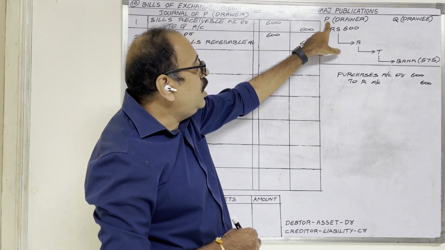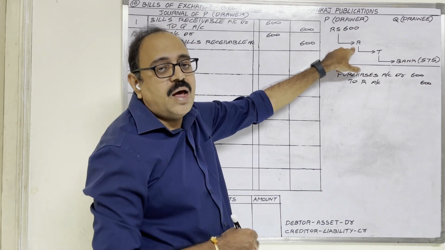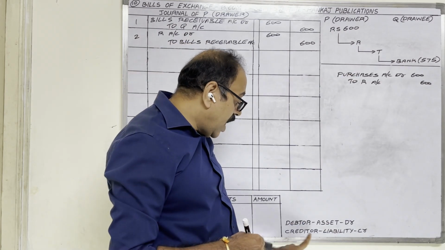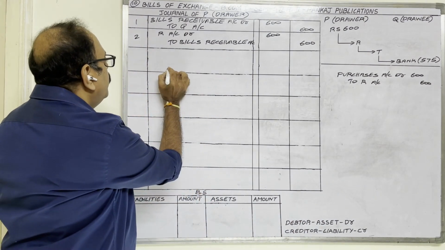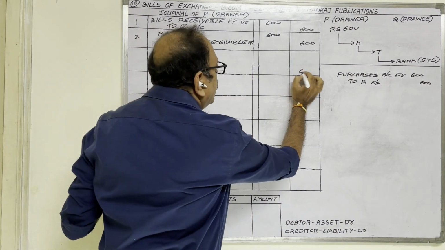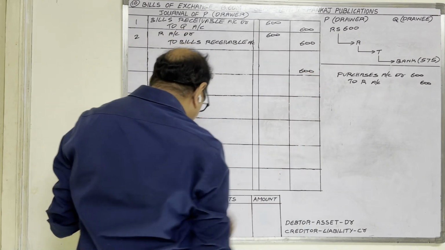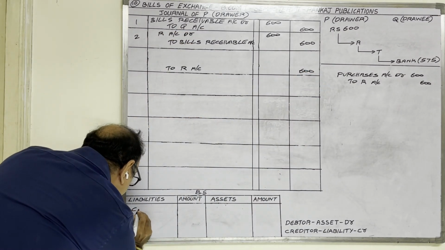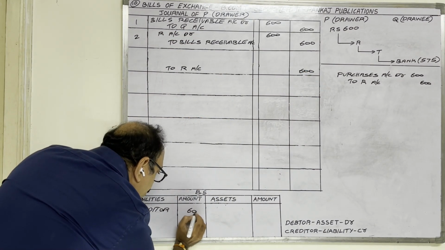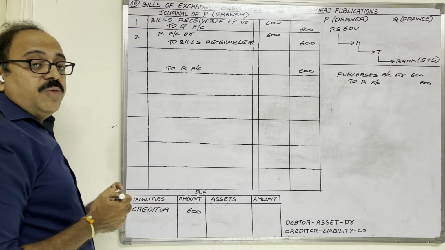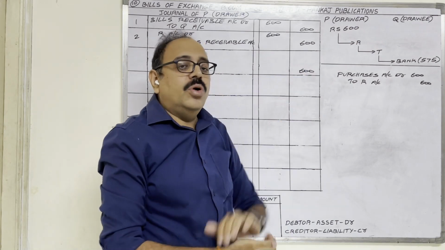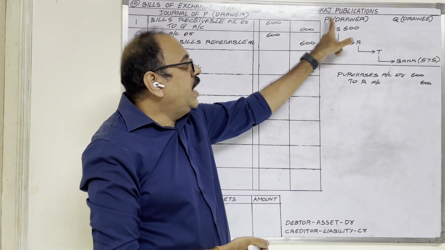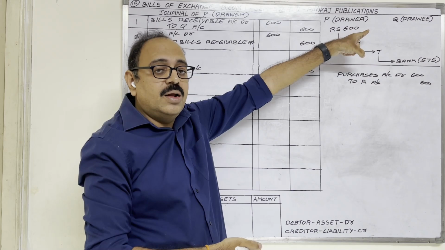So to P, R is becoming a creditor. Creditor is a liability, so we should credit that. Therefore, we should credit the R account with 600 rupees. A new liability, creditor, is created with 600 rupees. Next, what happened? We now demand this 600 from Q. So to us, Q is again becoming a debtor.